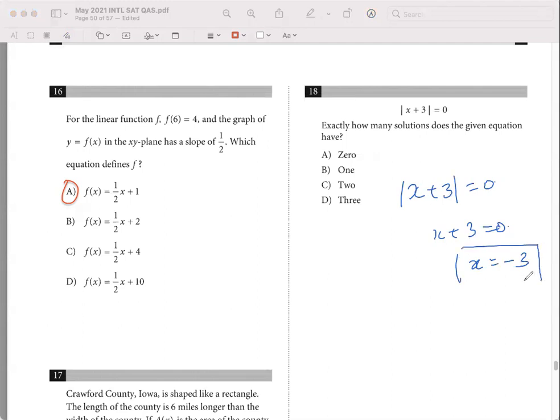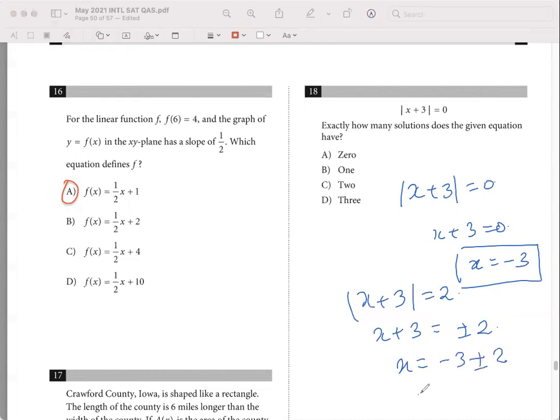So x is negative 3. Just one solution, right? What if you have a positive number on the right hand side, then there are two possible solutions because x plus 3 now can be plus or minus 2. So x will be minus 3 plus or minus 2, which is minus 1 or minus 5, right?